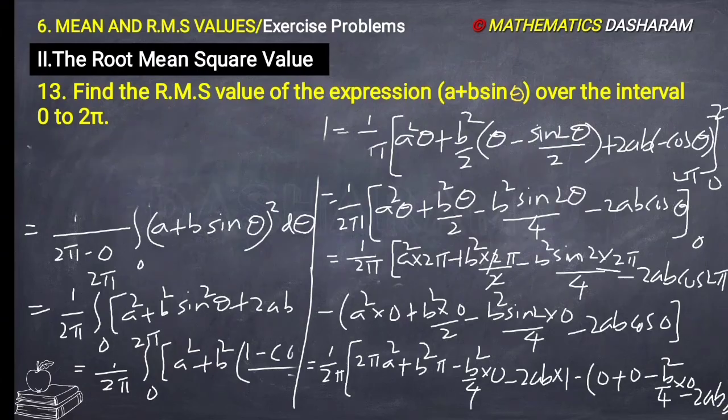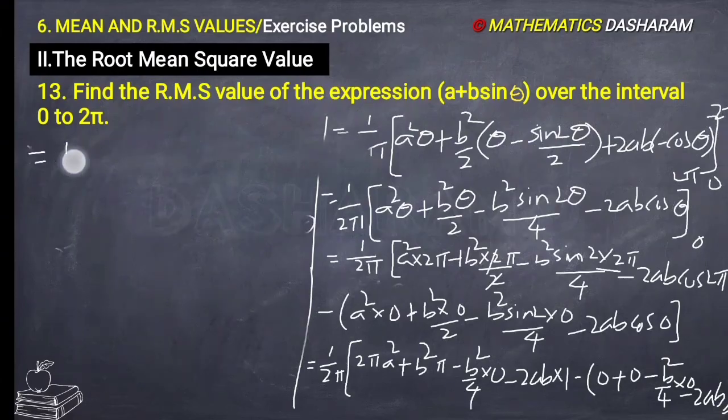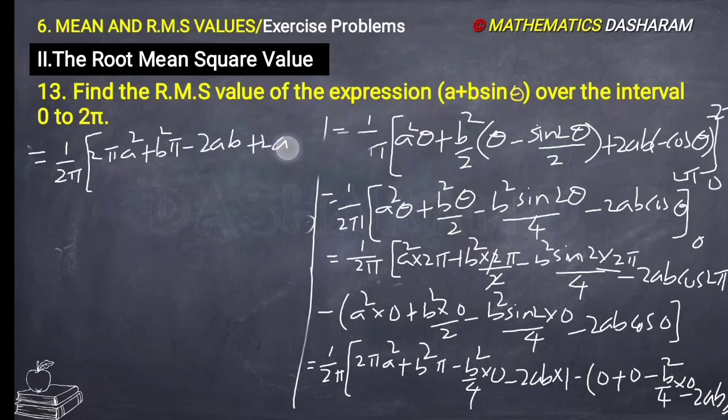So 1 by 2 pi bracket of 2 pi a square plus b square pi, minus b square by 4 into 0 is 0, here minus 2ab. Next here minus of minus plus 2ab.